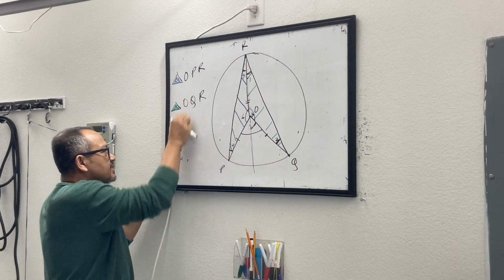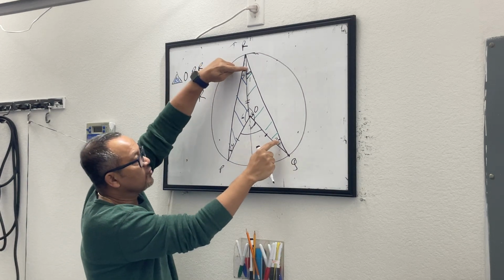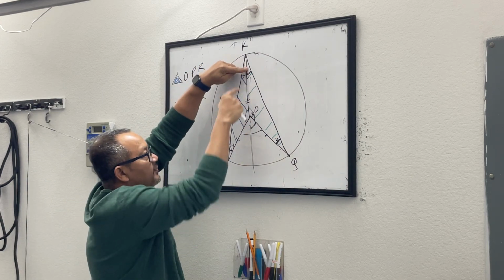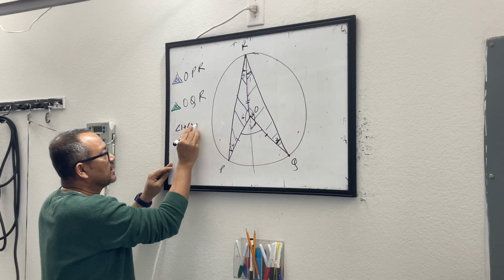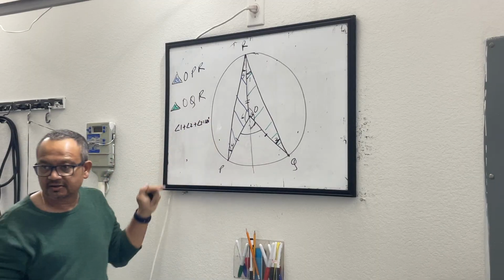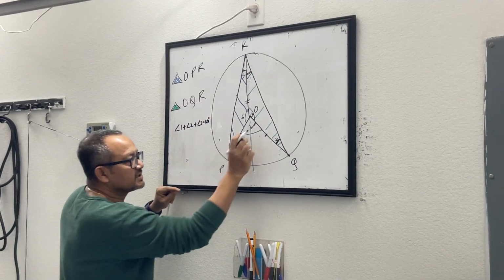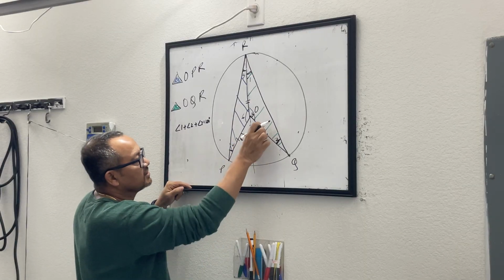Forget about this. Now look at the green triangle. Angle 1 plus angle 2 plus angle 3 is equal to 180 degrees. Agreed?